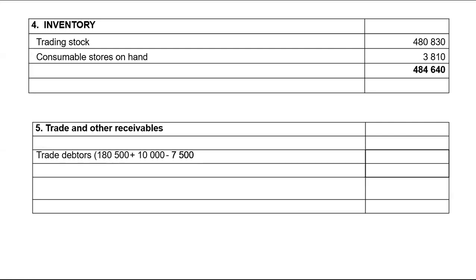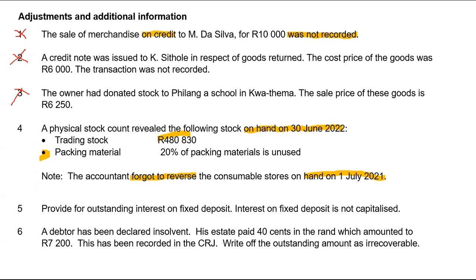So we can say that adjustment number 4 is done. We're done with it. You're not going back. We're moving, keep on moving. No matter what you do, keep on moving.